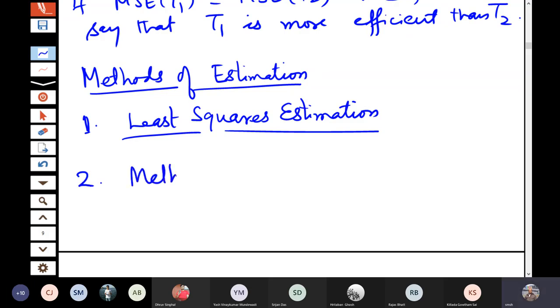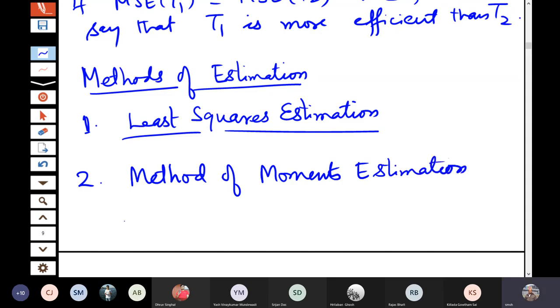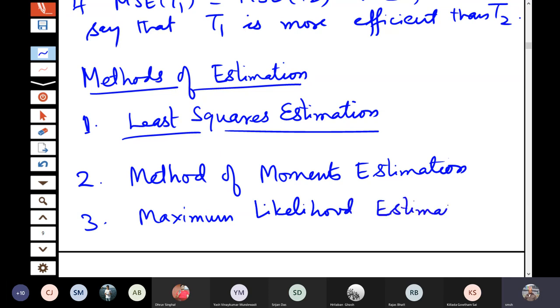The other popular methods are method of moments estimation and maximum likelihood estimation. So this is of course attributed to Gauss.